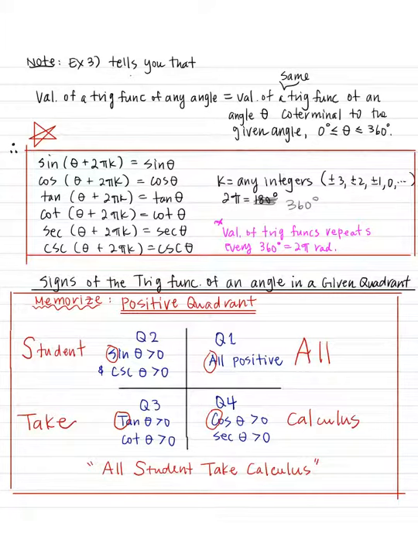Let's go back and look at the positive quadrants. Sine is positive only in quadrant 1 and quadrant 2, so you just take the positive side of it. And sine is negative in quadrant 3 and quadrant 4, so you take the negative side of the sine.